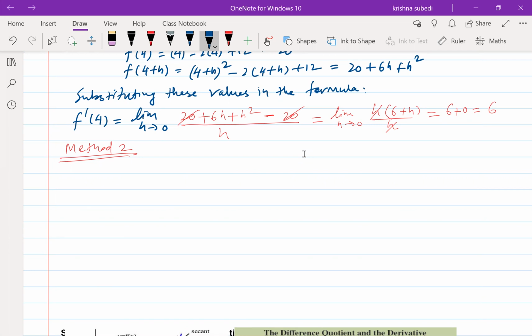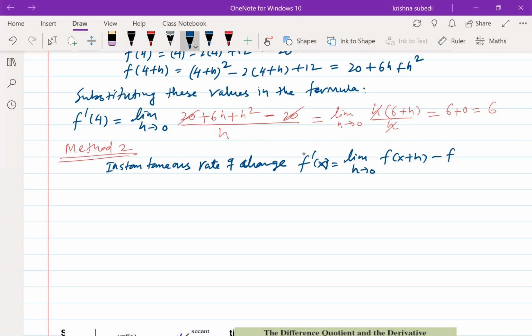So we have the same formula. The formula that we use here for the instantaneous rate of change is a very general formula, which is f prime of x equals, limit as h tends to 0, of f of x plus h minus f of x over h.